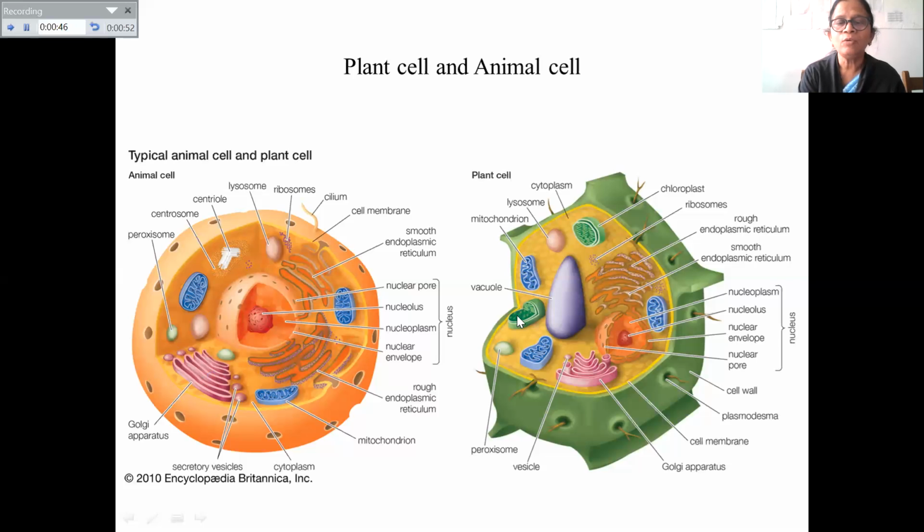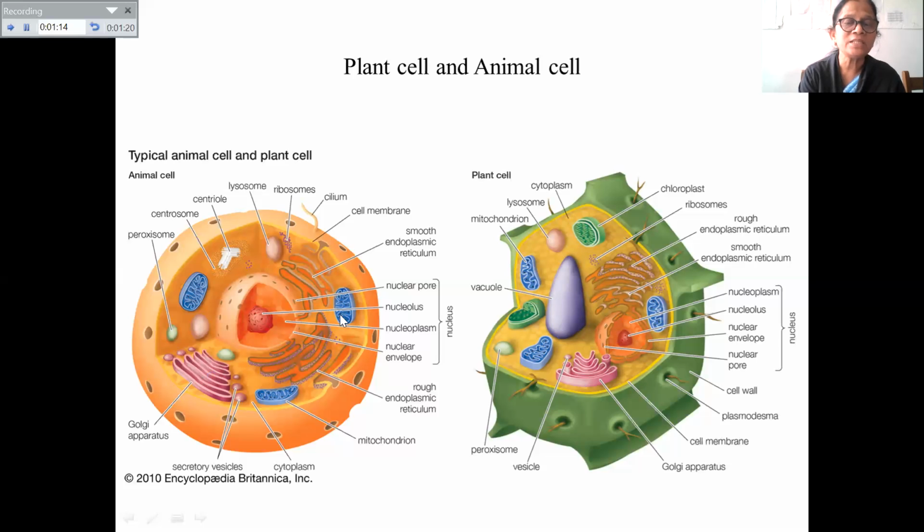Now in plant cell, plastids are present. You know that 3 different types of plastids are there. Where are plastids present here? Now see here, this is the chloroplast. It is one of the types of plastid.